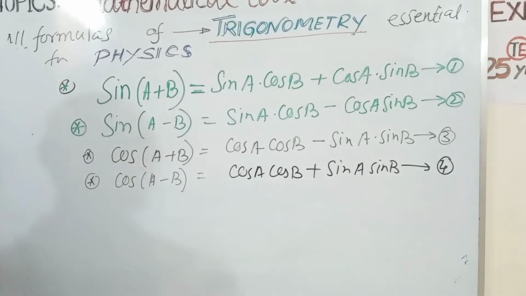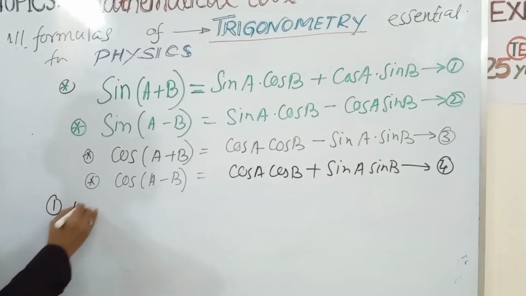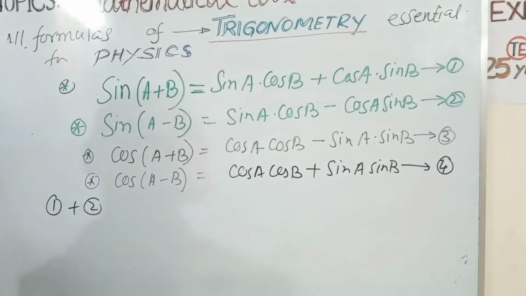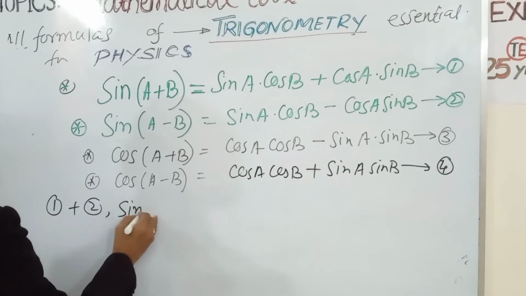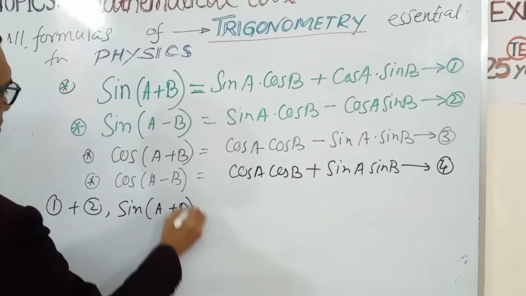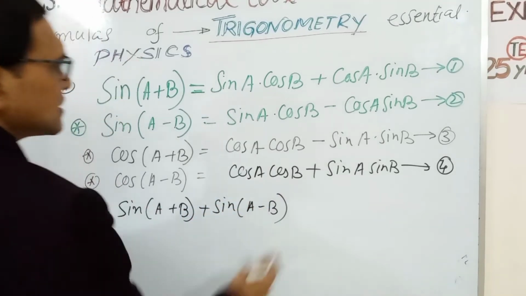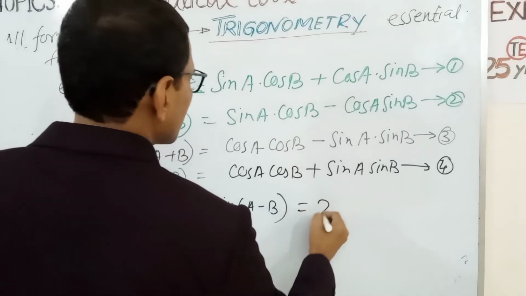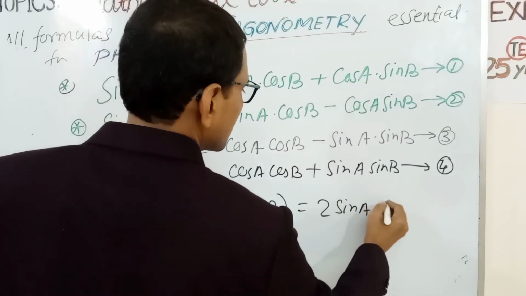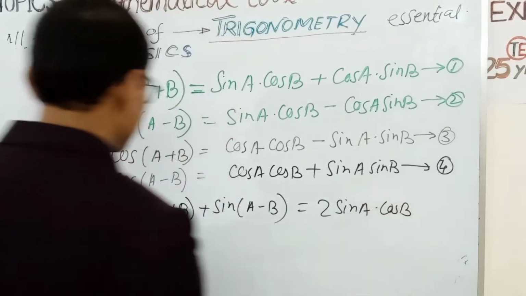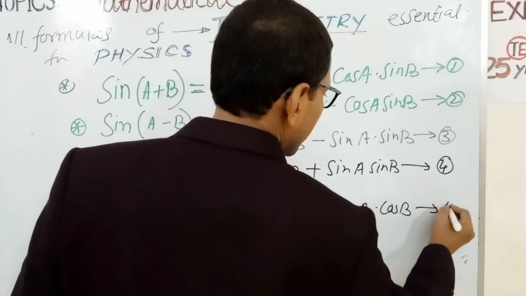Now if we add 1 plus 2, then what comes? Sin of a plus b plus sin of a minus b. This and this cancel, so this becomes 2 sin a cos b. This is number 5.